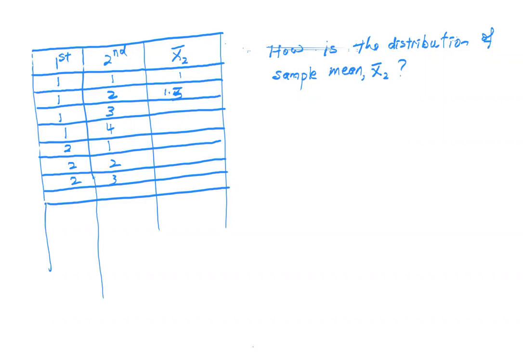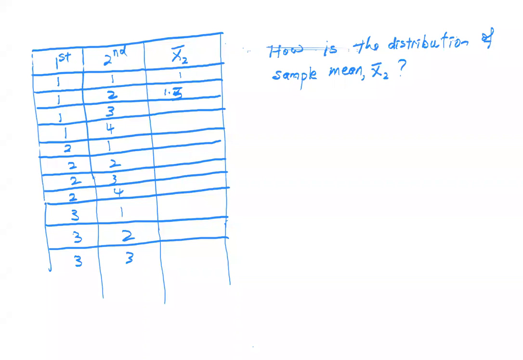Faster, do it by yourself. 2, 4. And count the mean. No more 2. Go to the next one. 3, 1, 3, 2, 3, 3.